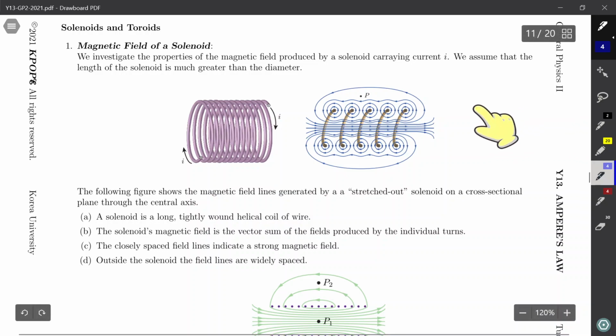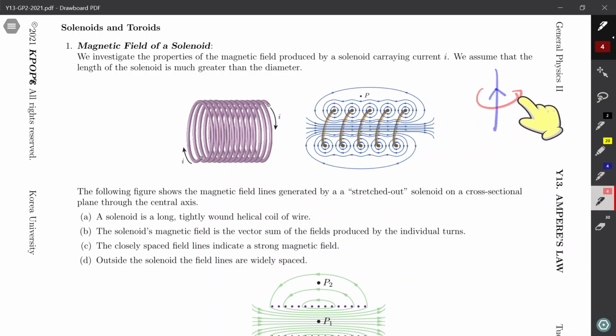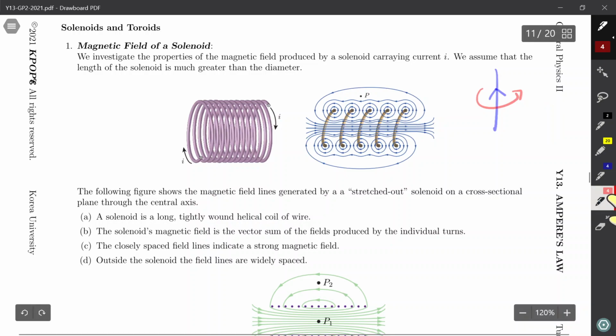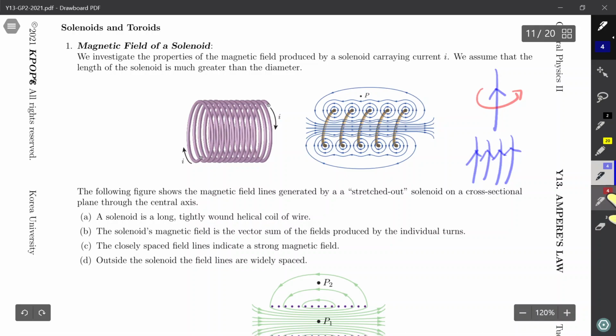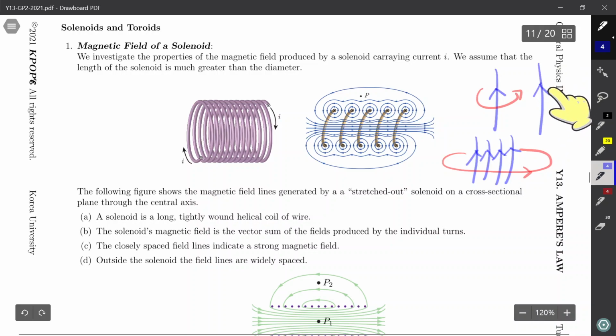Solenoids. A straight wire generates a magnetic field in this way. If we have many parallel wires, the magnetic field is generated in this way, because with another wire in between, they cancel.